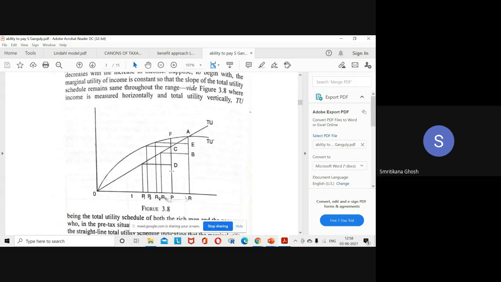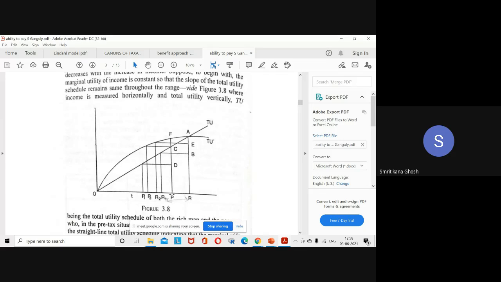Just relax this assumption. Now the marginal utility of income is diminishing. So we are getting this total utility curve like this. For the rich the thing is the same, because A is the intersection between that curve and the straight line total utility. But what about the poor?